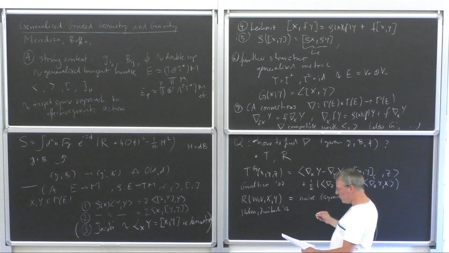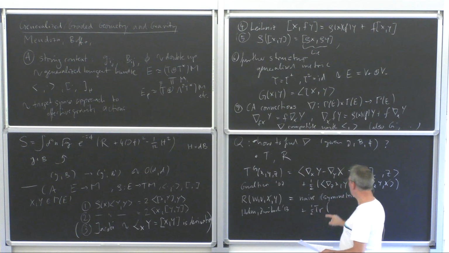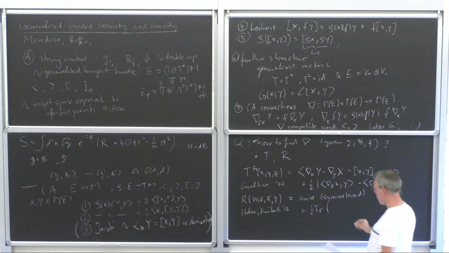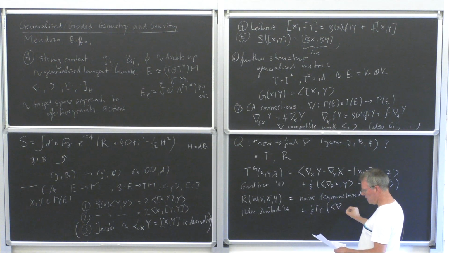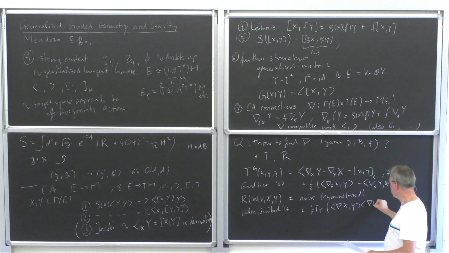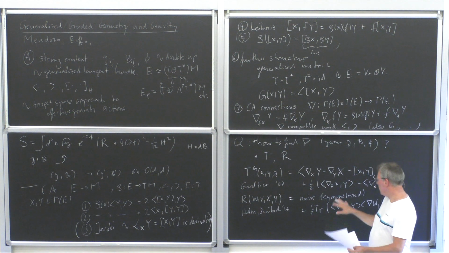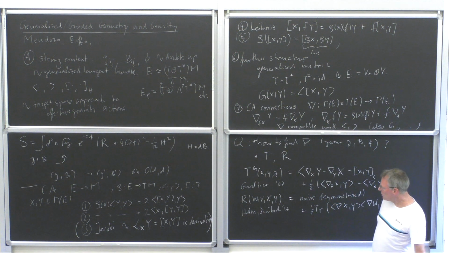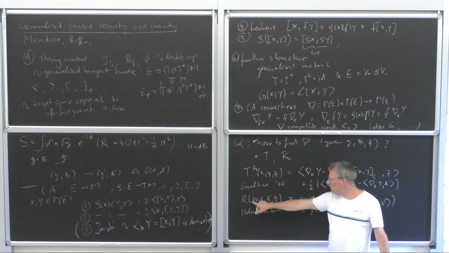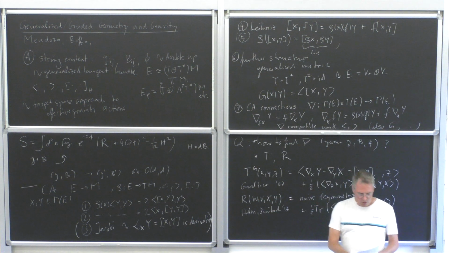And then there are correction terms that look a little bit like this thing, that make the whole thing tensorial. And since there was some by-hand symmetrization, it also has some nice properties on the exchange of the first two and the second two entries.